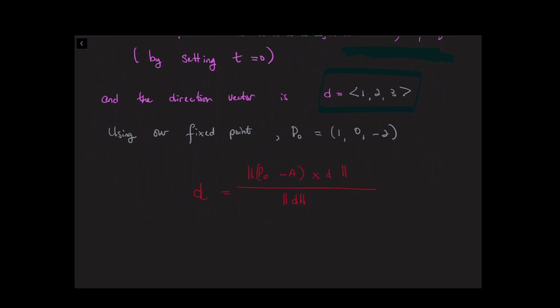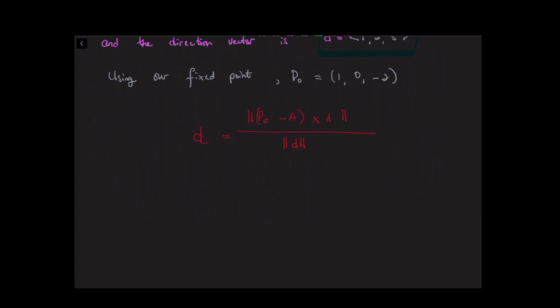So the first thing I need is P0 minus A, so I need the vector AP0. Number 1: find the vector from A to P0.